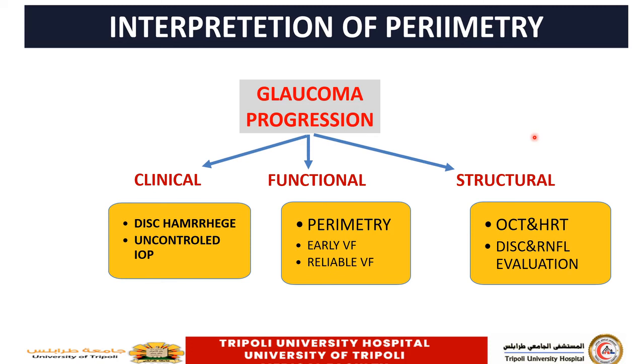By functional changes, I mean the perimetry, and by structural changes, I mean the changes in the OCT, in the nerve fiber layer and the optic disc. And the clinical changes, for example, the optic disc hemorrhages and the uncontrolled intraocular pressure, are all factors and parameters that signify the progression of glaucoma in that patient, and should all be taken into consideration to come up with a final conclusion about the status of the patient.